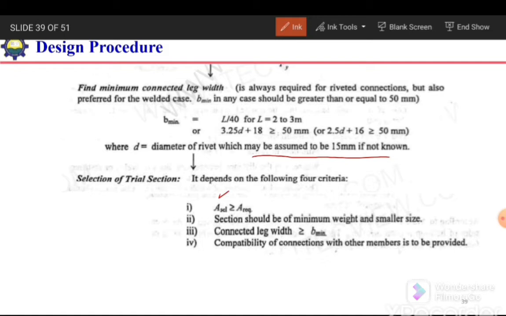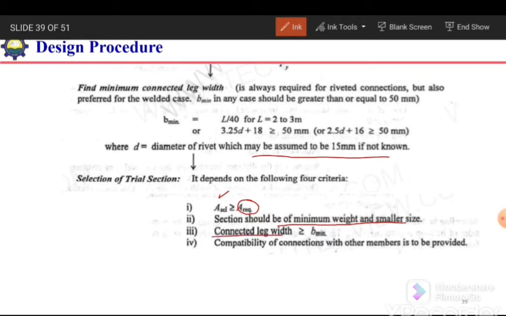And the section should be of minimum size. We can find many sections with area greater than the required, so we need to select a section which has the smaller size as well as the least weight.